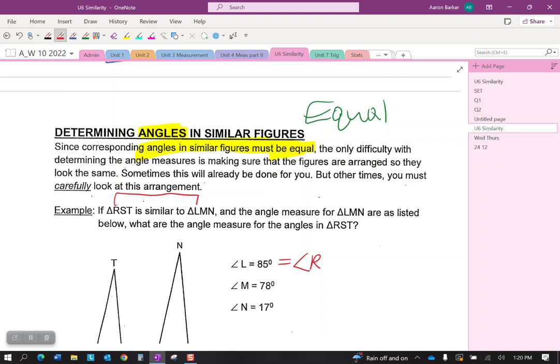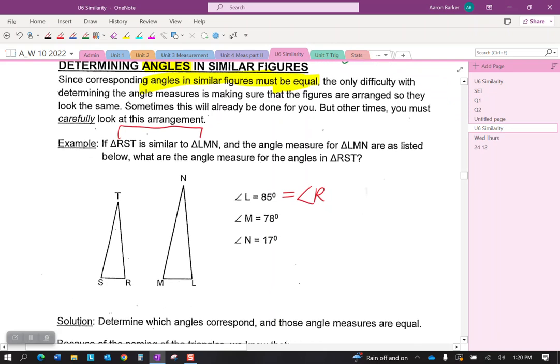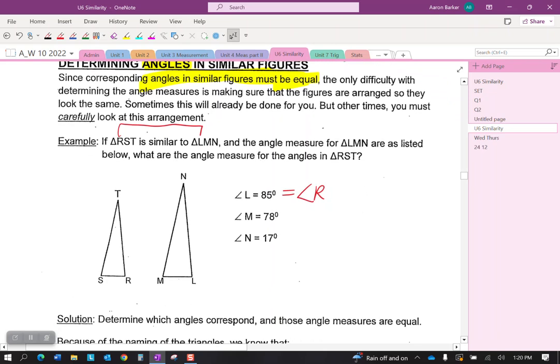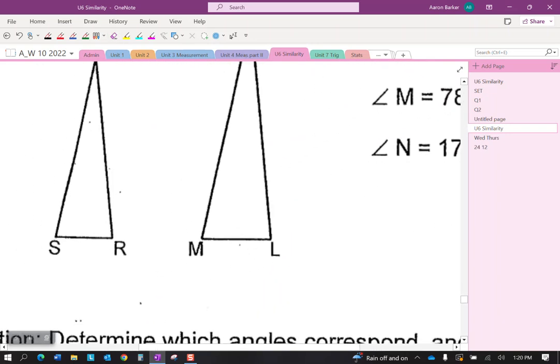That's important to know. How do we mark that on our triangles? Well, we'll use a symbol. Since they're equal, angle L and angle R must have the same symbol inside the triangles. An example we looked at yesterday would be putting a dot. If I have a dot inside angle R, I have to have a dot inside angle L.